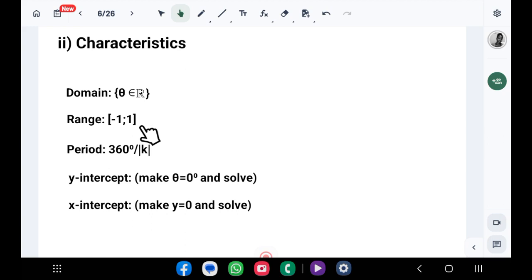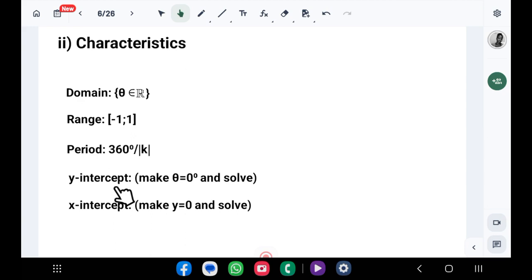If your amplitude is just a general A, then the range will be -A to A. The period is basically 360 degrees divided by the absolute value of k, because it depends on the value of k. In other words, it depends on what your theta is multiplied by in the equation. The x and y intercepts follow the same pattern with algebraic expressions, algebraic functions.